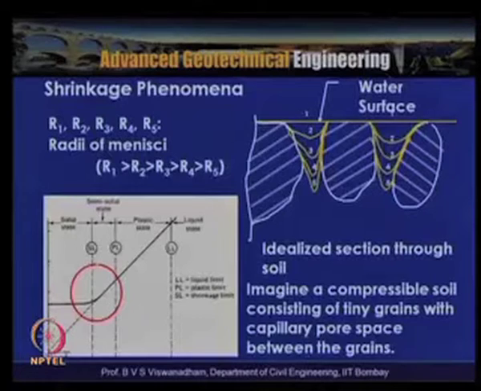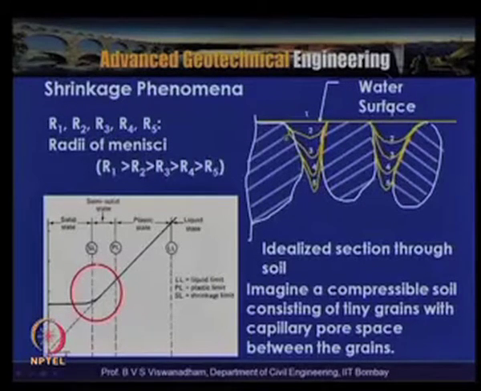In this particular slide, an attempt is being made to explain the shrinkage phenomenon. Here this is the solid particle, indicated with Hs, and this is the water surface when it is transiting from semi-solid state to solid state. Assume that R1, R2, R3, R4, R5 are the radii of the water menisci between the particles.